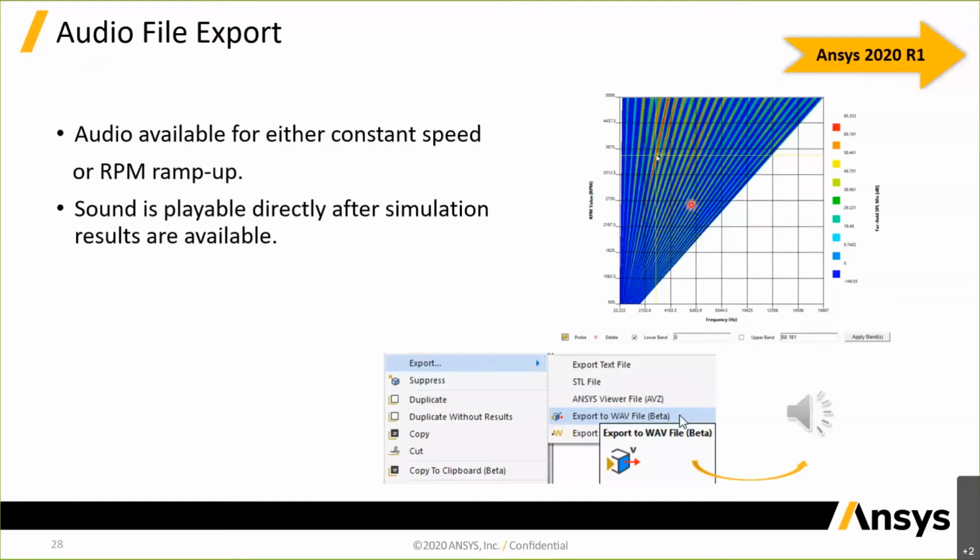So starting in 2020 R1, we have a right-click option to automatically export a wave file. And so we can take individual speeds or this whole ramp up for the waterfall diagram, and we can listen to what that noise sounds like.